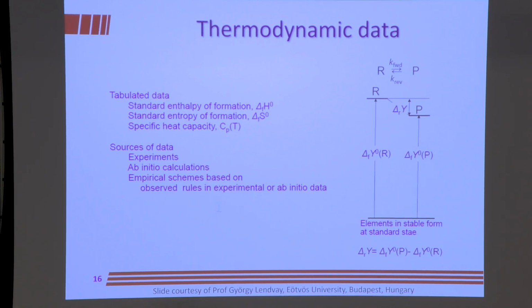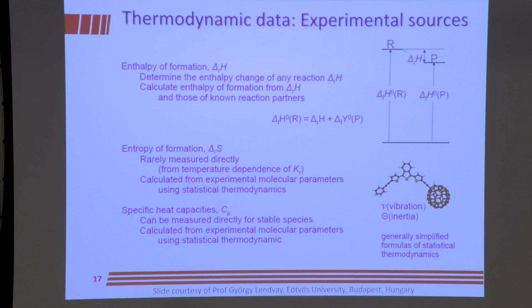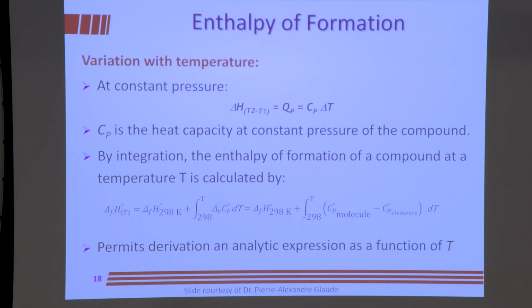This is just the cycle, what you call this cycle for different species. Don't worry about it. But you can get the enthalpy. I'll show you this in a later slide.